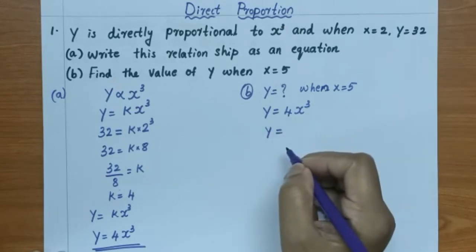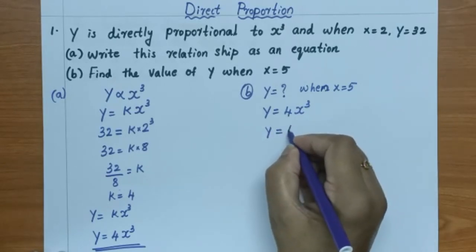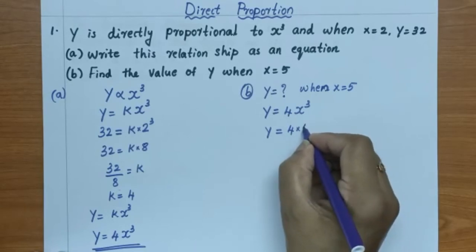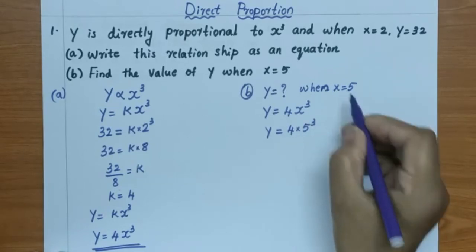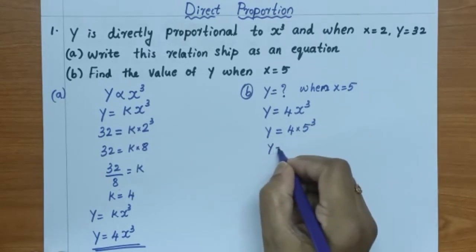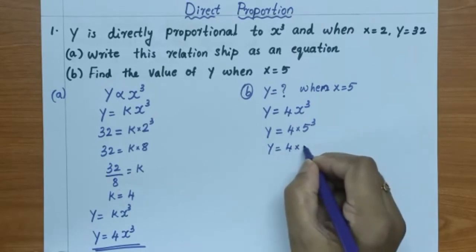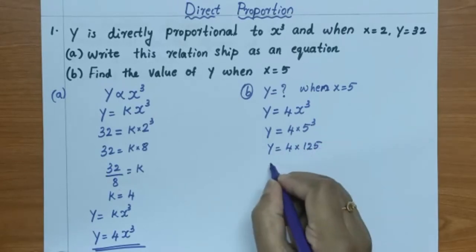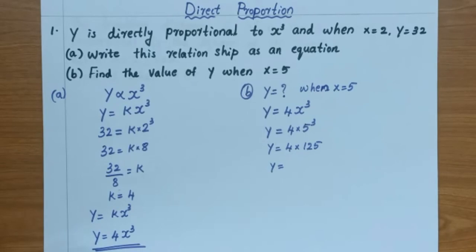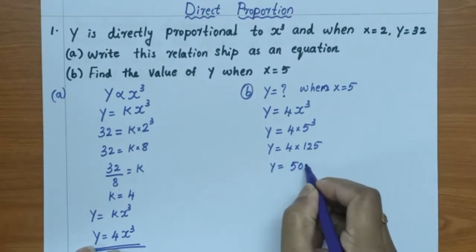So we can put the value of x in the equation. So 4 into x cube will be 5 cube because the value of x is 5. So y equal to 4 into 125. When we multiply 4 into 125, we will get the answer 500. That means y equal to 500.